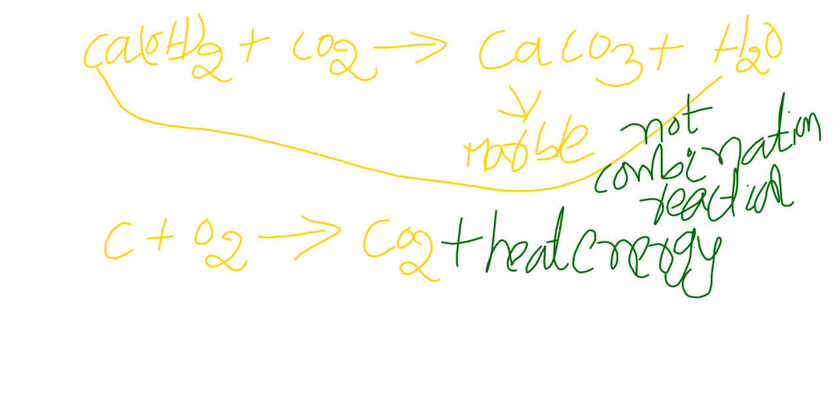So when you burn coal, it reacts with the oxygen and releases some gases and heat energy. We convert this heat energy into electricity.